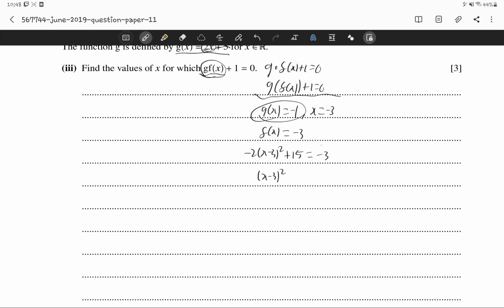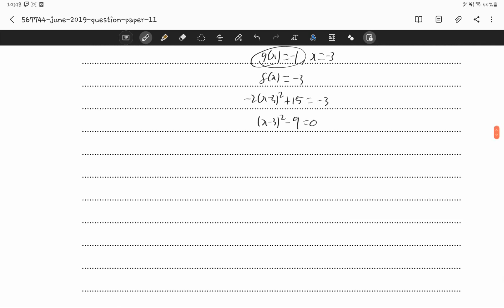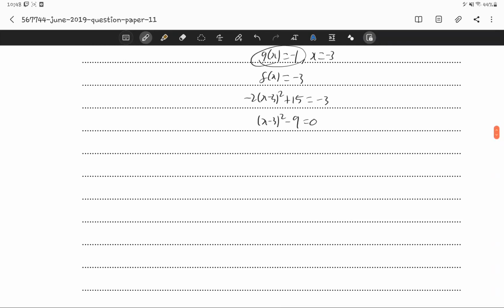Minus 18, so it's minus 9. 2x. Is that right? I think that's right. So x equals 3 plus minus 3. So x equals 0 or 6. Yep.